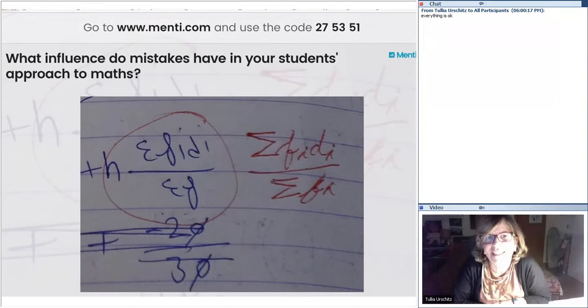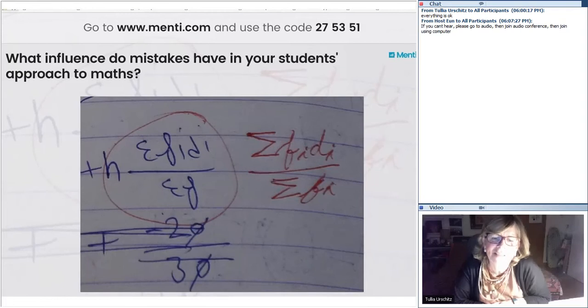Usually, this is a big problem because mistakes are really what stops students from enjoying math lessons, even if it's very nice when they have good results. So please go on menti.com and write down your answer.